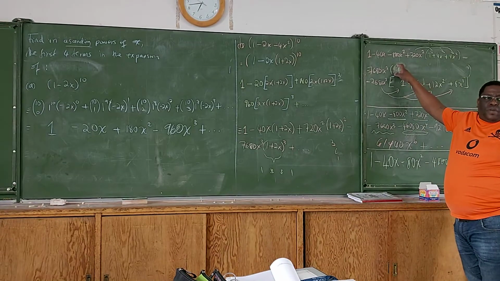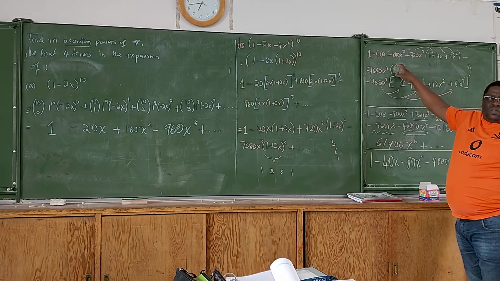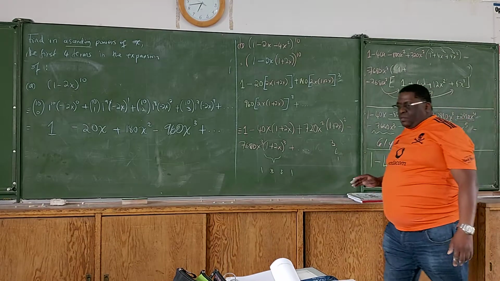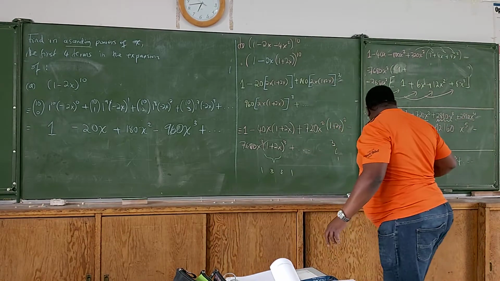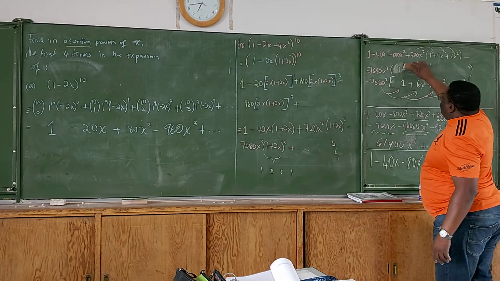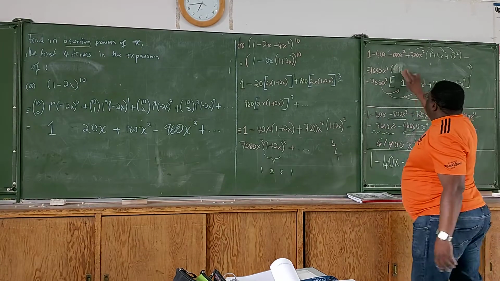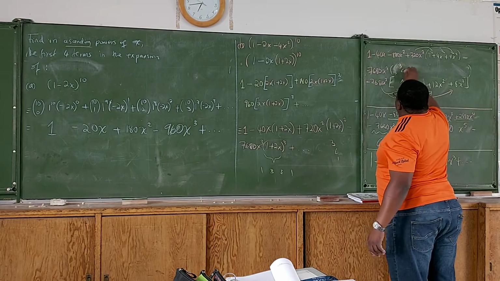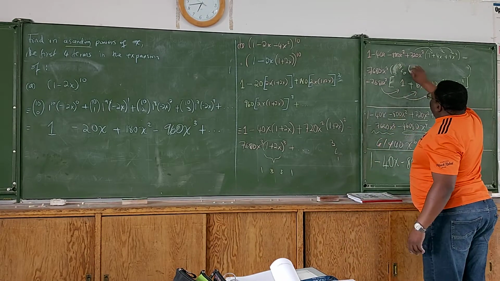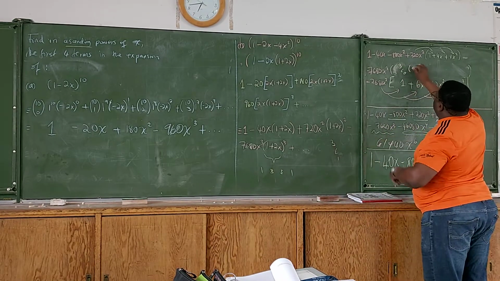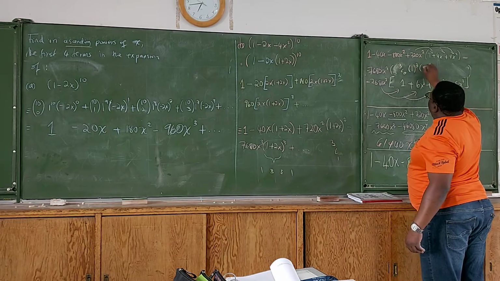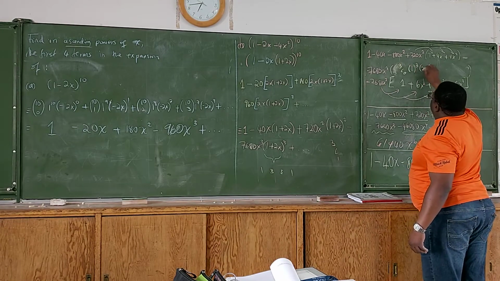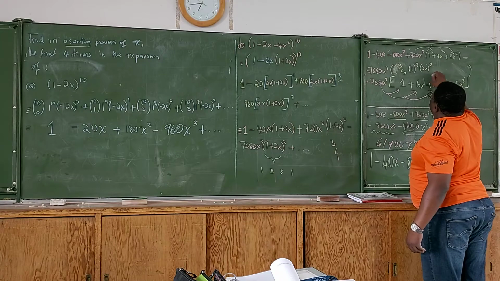So this is 3C0, right? 3C0, which is 1. You get it? Right? So I can help you, maybe because you are recording this. I'm going to write this as 3C0, where the first term is 1, you cube it, and then the other one becomes 2x to the power 0.